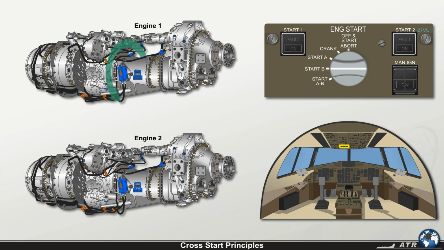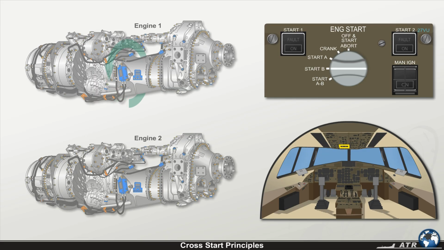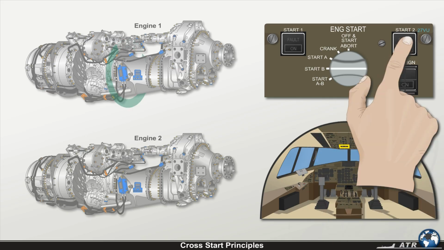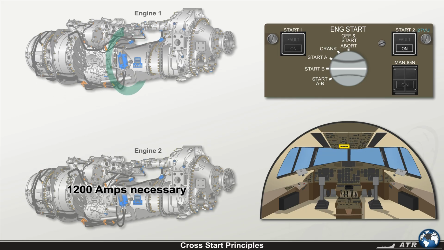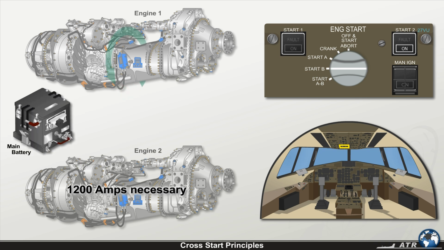Before we look at the cross start, it's important to first understand the following. 1. At the moment the engine start push button is depressed, a very high current, approximately 1,200 amps, is necessary to initiate the start sequence. 2. The main battery is able to supply 43 amps in 1 hour.